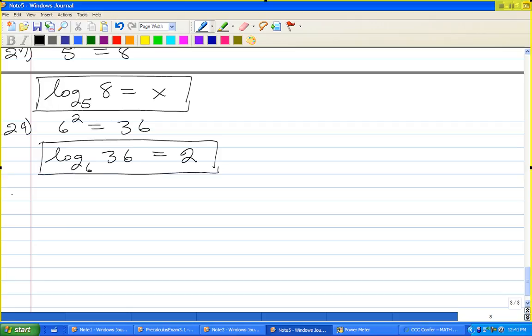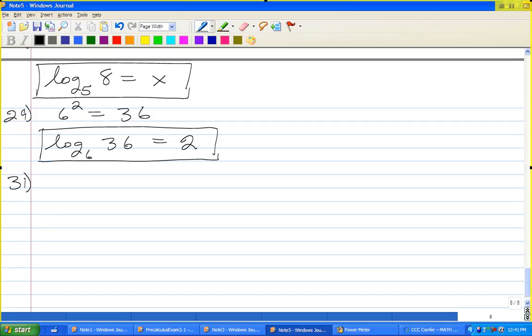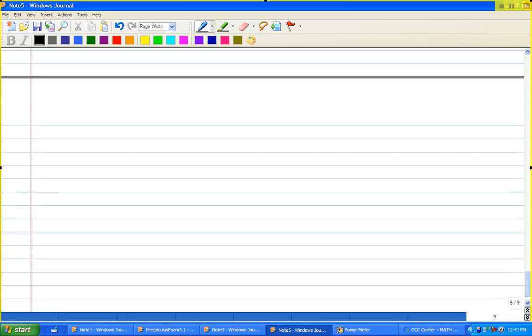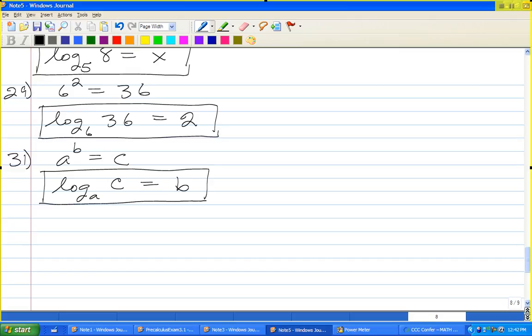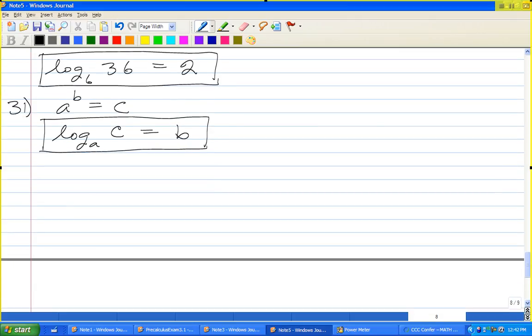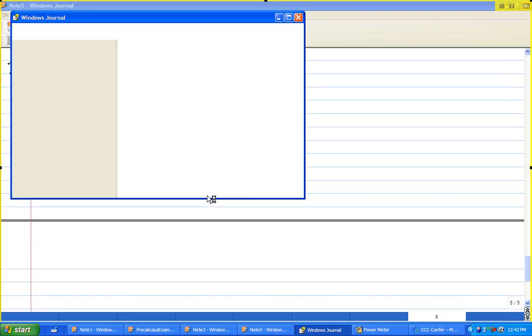31. A to the power b equals c. And so this is the same as the log base a of the result c is the exponent b. 33.